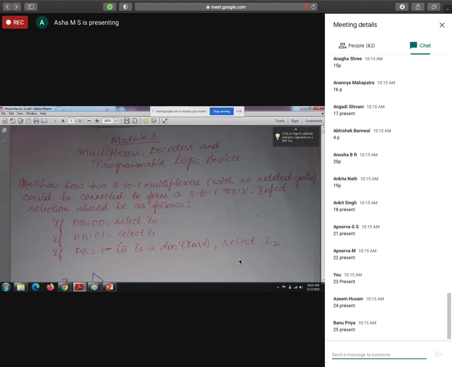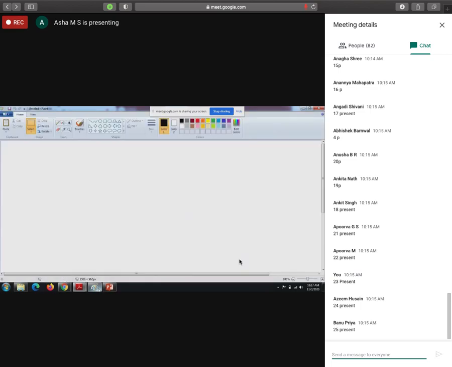When A, B equal to 0, 1, I need to select I1. When A equal to 1 but B's don't care, meaning it can be 0 or 1, I need to select I2. To satisfy this condition, I need to construct the multiplexer. Let's start constructing.